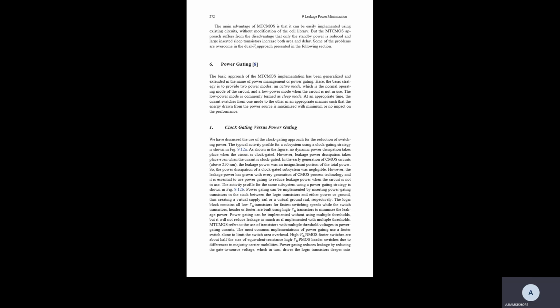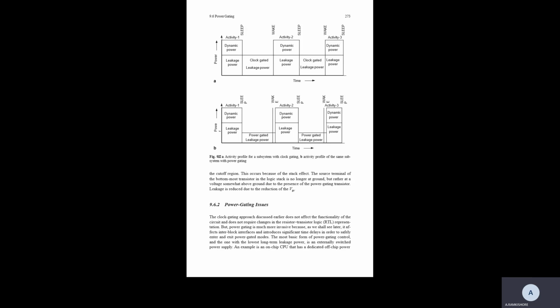Now we have to see the difference between clock gating and power gating circuits. Clock gating is used for the reduction of switching power. The typical activity profile for a subsystem using a clock gating strategy is seen in this figure.